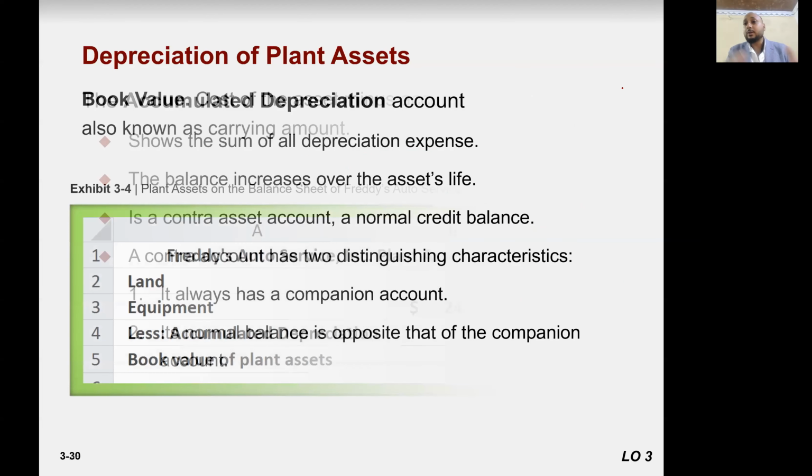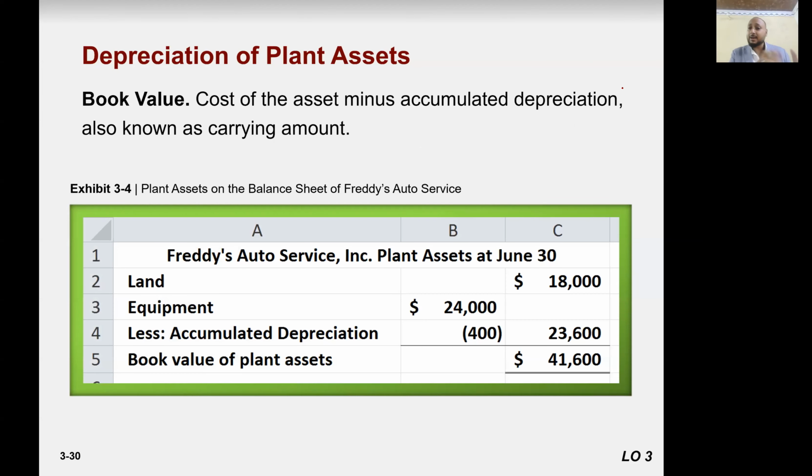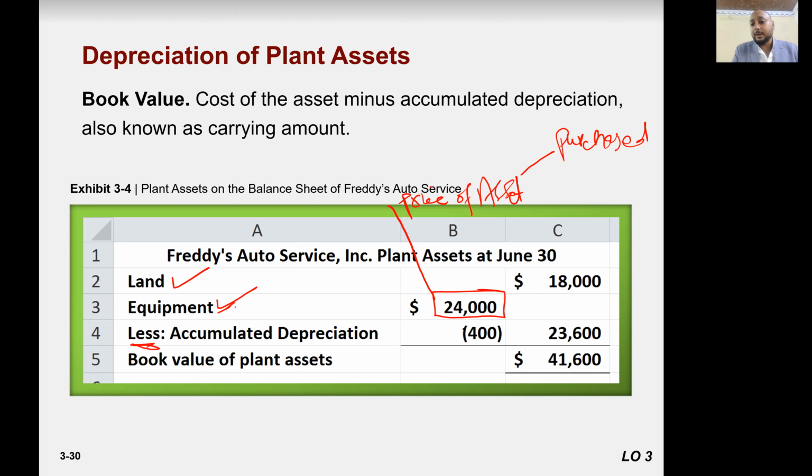So how are we going to represent this in the balance sheet? Remember, land, equipment less accumulated depreciation. You write down 24,000 here, which shows the price of the asset when you purchased it. And how much you have used, you add here in parentheses as negative 400.